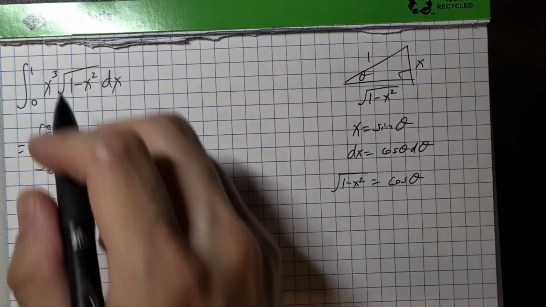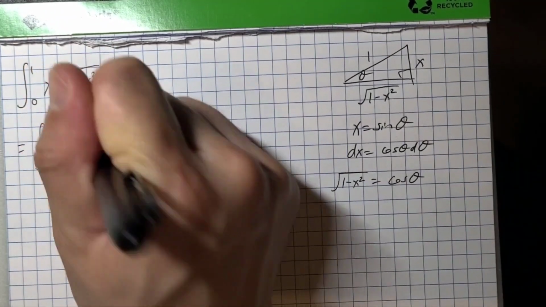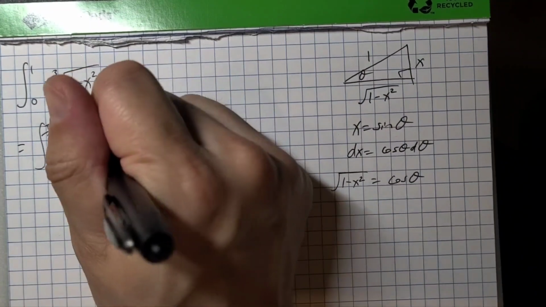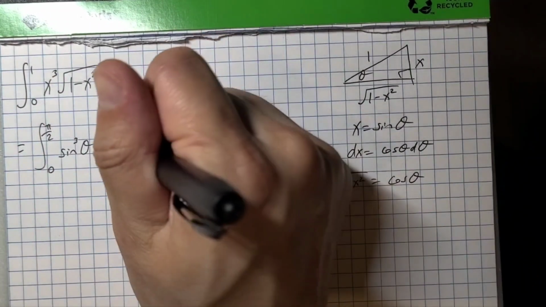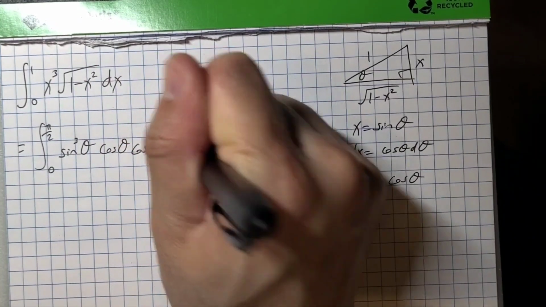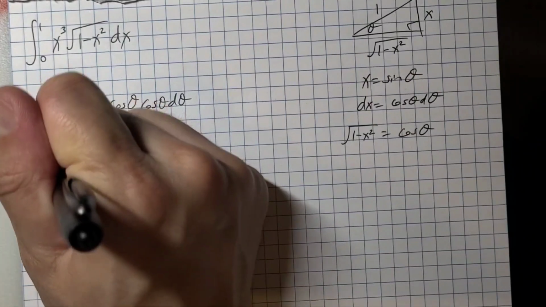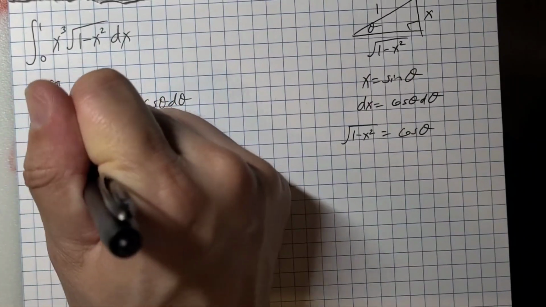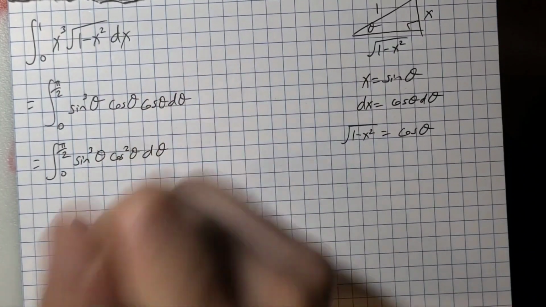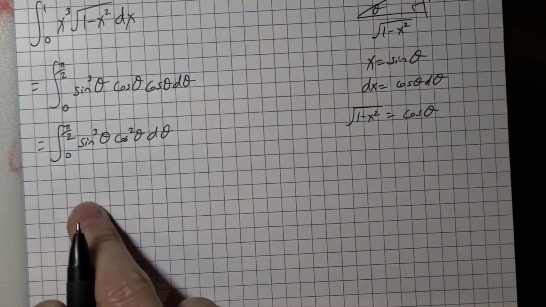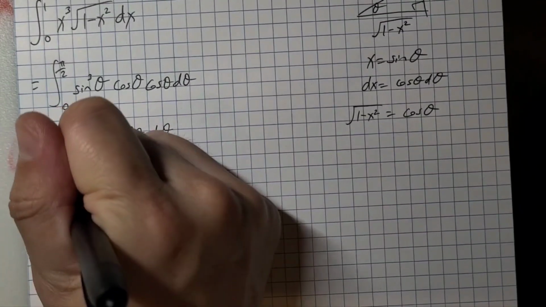Okay. We sub in x cubed as sine cubed theta. Square root term is cosine theta. Dx is also cosine theta d theta. Okay? So we have integral from 0 to pi over 2 sine cubed cosine squared d theta. Okay? Remember how to solve this type of trig integral? We have an odd power of sine, so we save a factor.